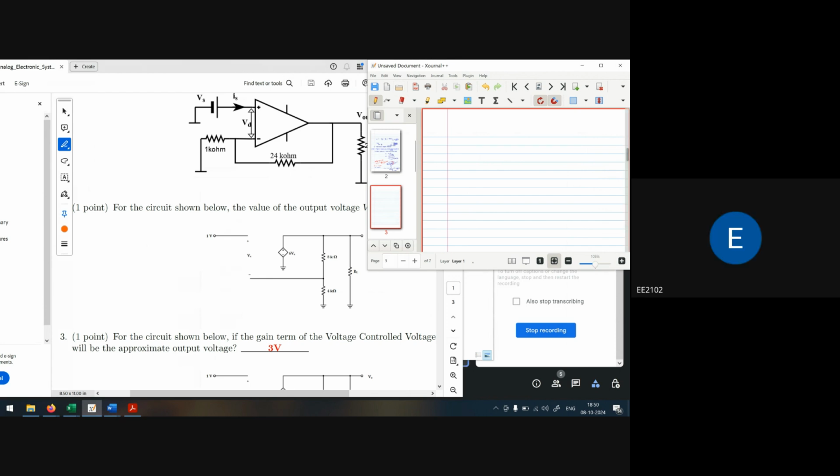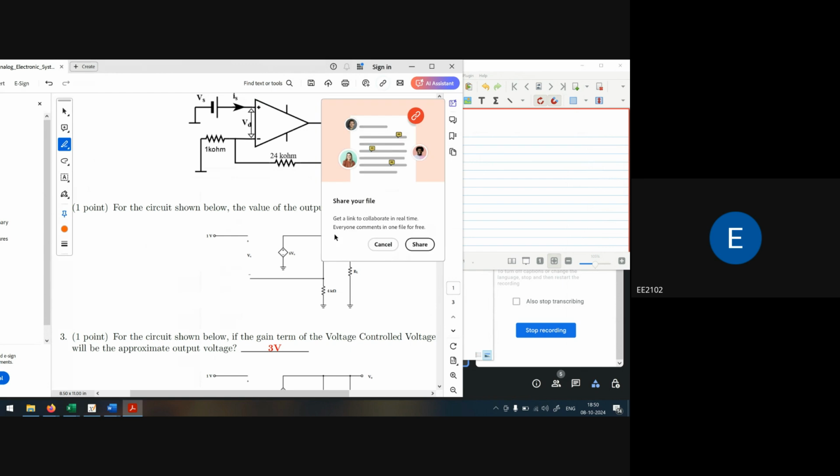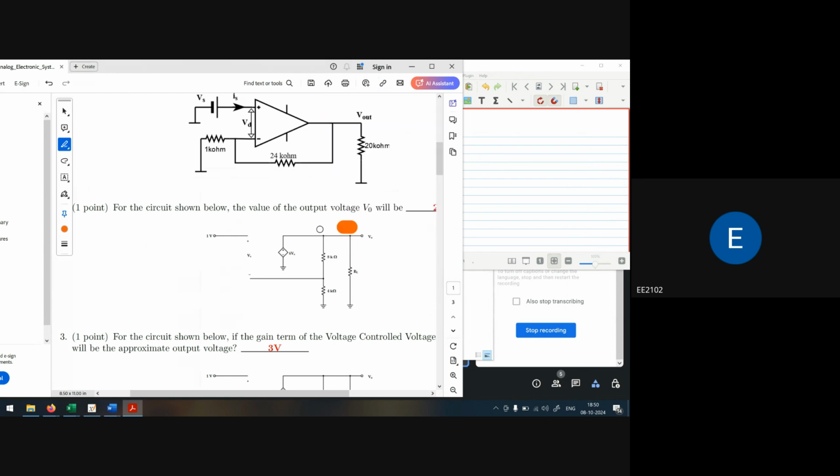Basically, what we do here: if this is the V naught voltage, and parallelly we say that the voltage at this point and the voltage at this point are both the same because it is a parallel, at this point and the second point.